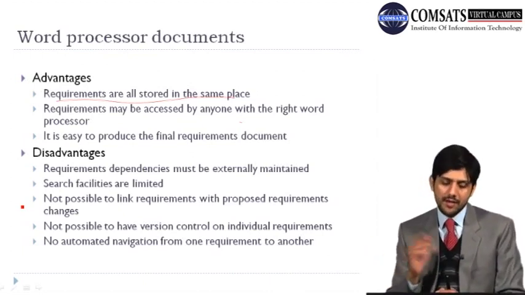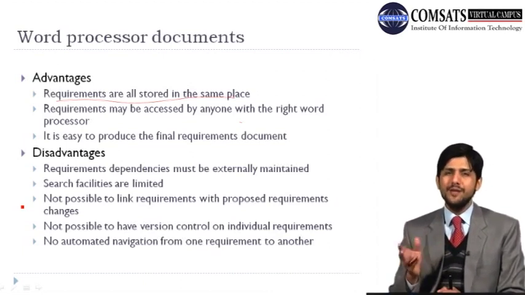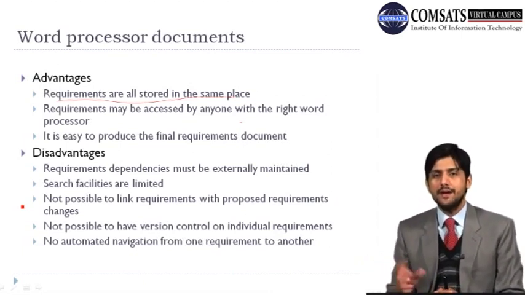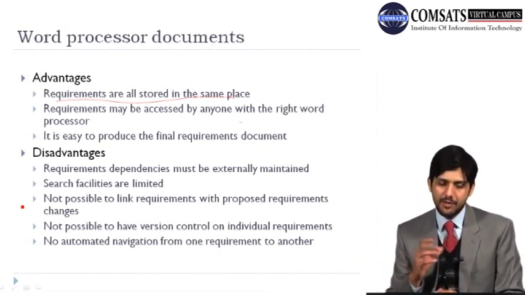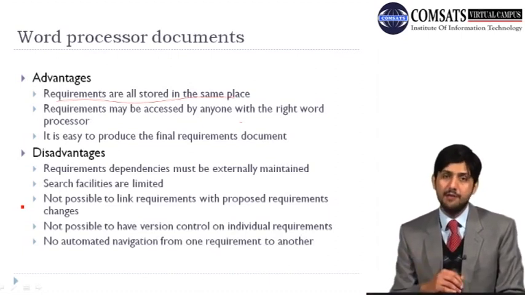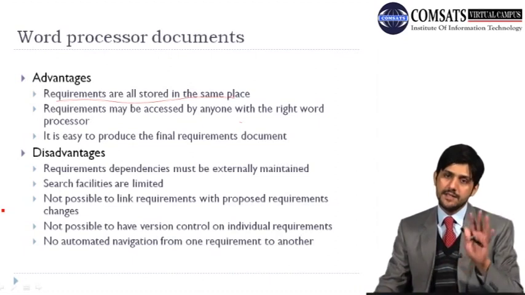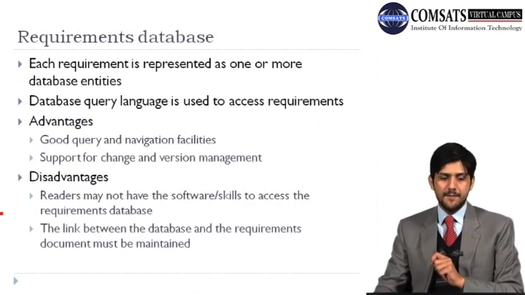And there is no automated navigation from one requirement to another. As I said, some tools allow cross-referencing, so you can say that there is some sort of navigation, but it would be limited because there is only so much that can be done using a word processor. So there are different advantages and certain disadvantages of using a word processor.